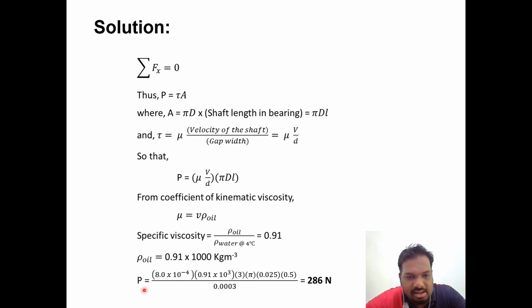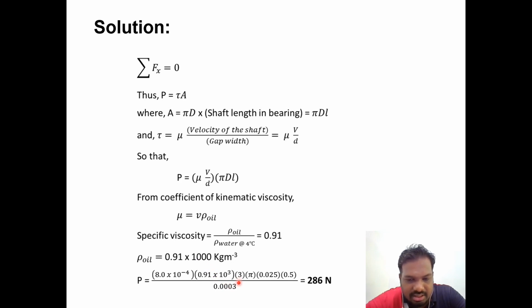Then finally you just replace. I think all the information you already got, so you replace in the force formula. Mu is 8 times 10 to the power of -4 times rho of oil 0.91 times 10 to the power of 3, because it's 1000 here.